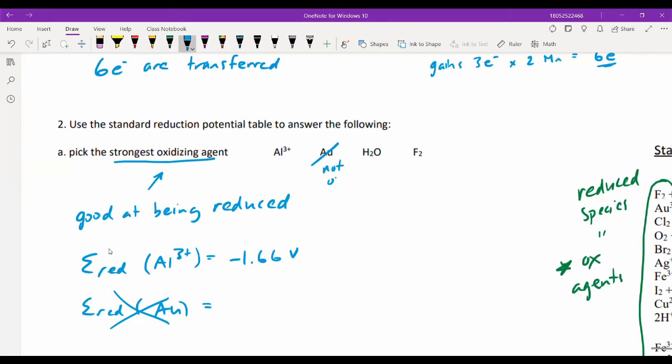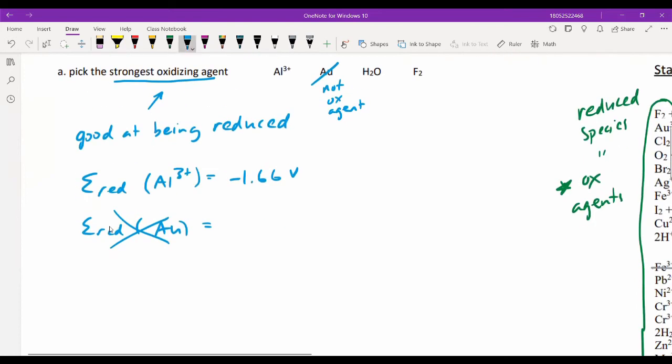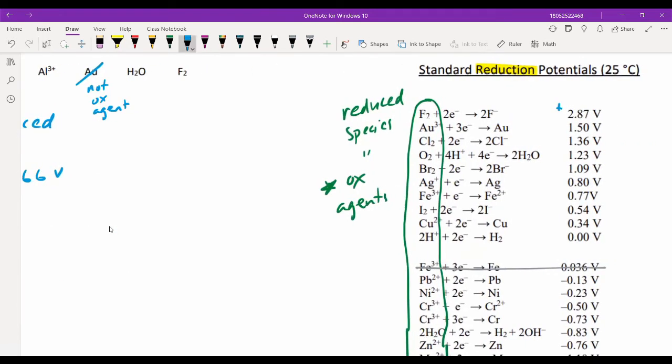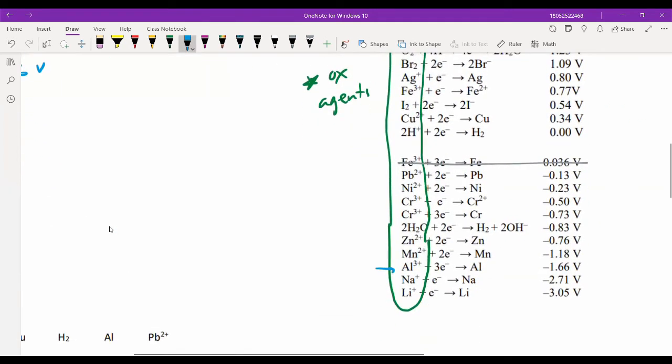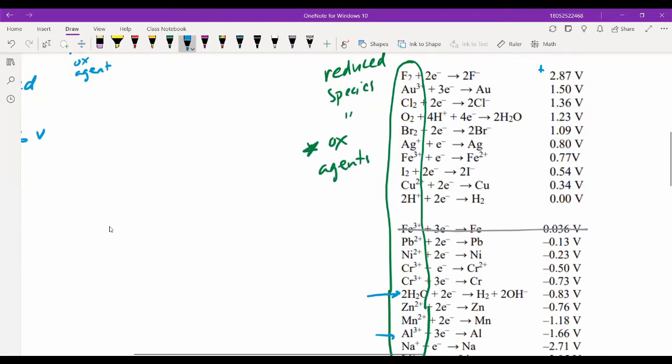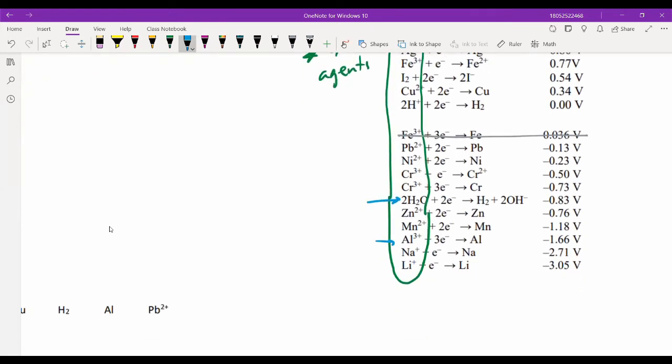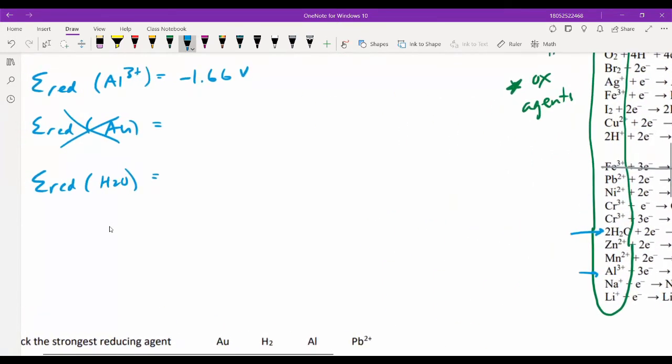Not oxidizing agent, on the wrong side. Okay, then we have reduction potential of water. You can find that here. Where is water on the left side? Water is actually on both sides, so you can find water to be reduced, or you can find water to be oxidized up here. We're looking at reducing water. That's going to be negative 0.83.